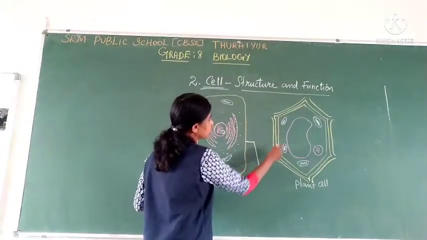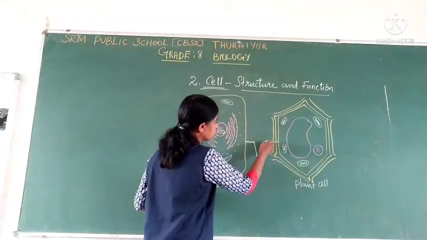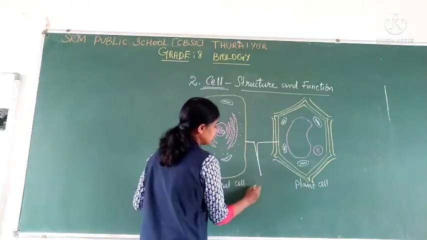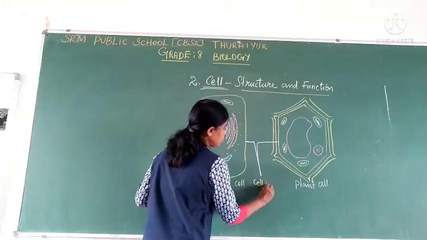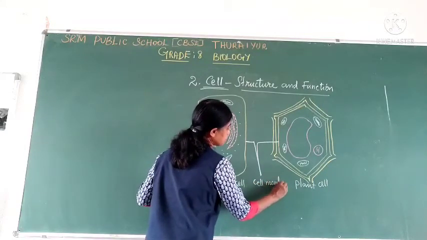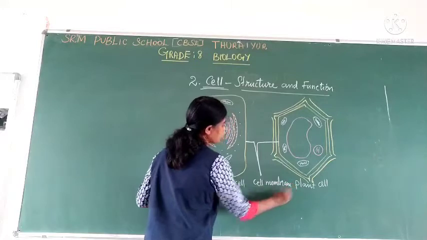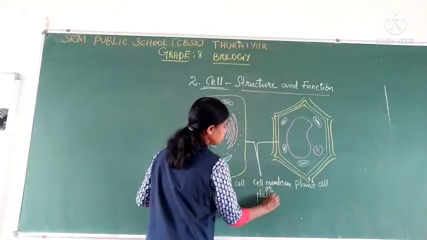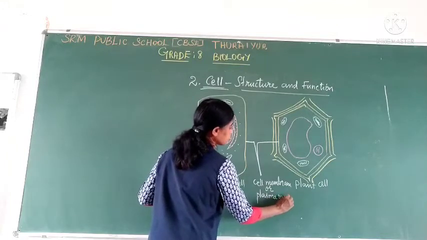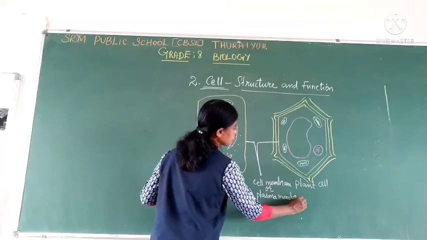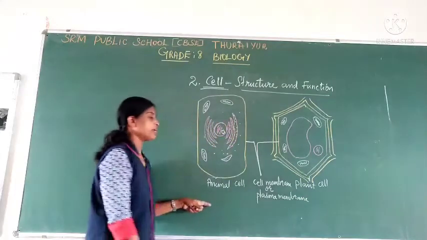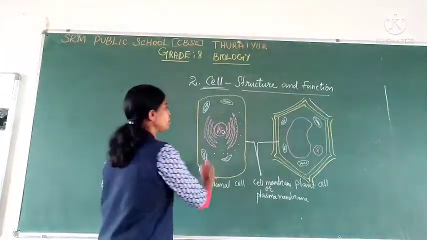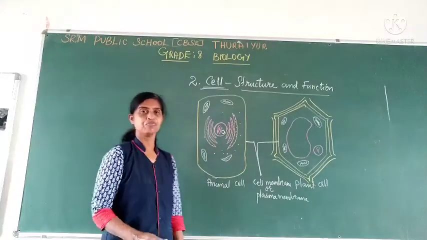The outer covering is called the cell membrane, or the plasma membrane. The plasma membrane is the outer boundary, found common in both plant and animal cells.